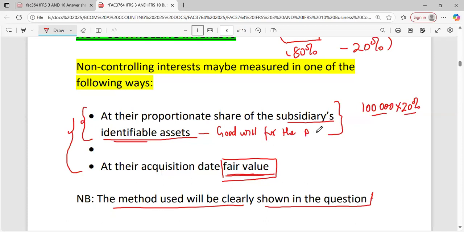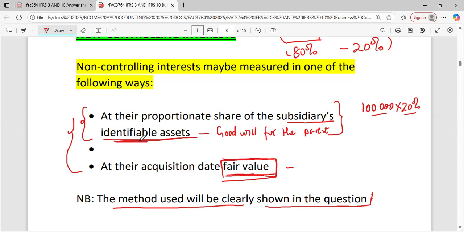Then when you are using the fair value, you will have goodwill for the parent and goodwill for the subsidiary. The reason why you are going to have goodwill for the parent and goodwill for the subsidiary is that you are going to have it from the difference between the fair value and the value of identifiable assets.